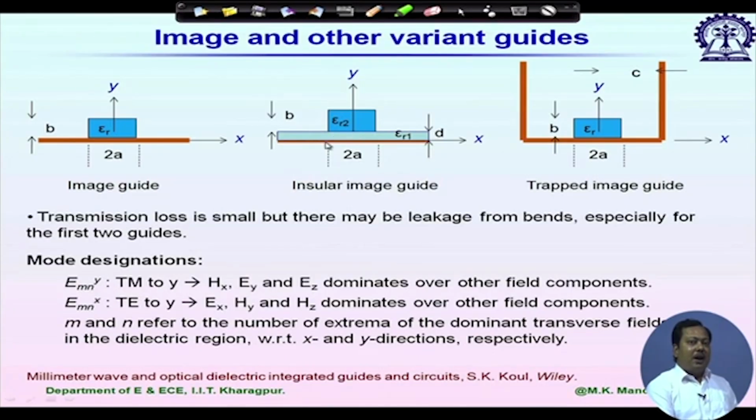It supports hybrid modes. That means in the direction of wave propagation, we have both electric field and magnetic field components, and not only that, we have to deal with all 6 components, 3 components for the electric field and 3 components for the magnetic field.